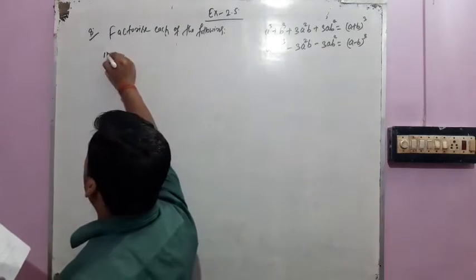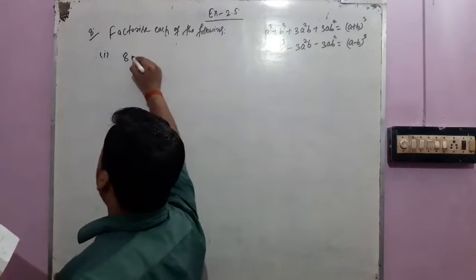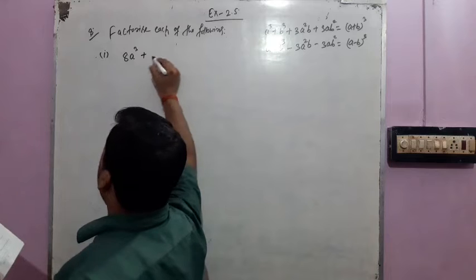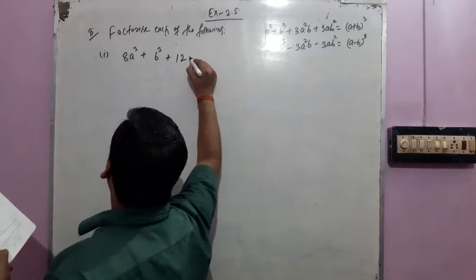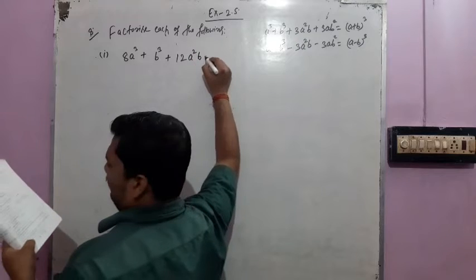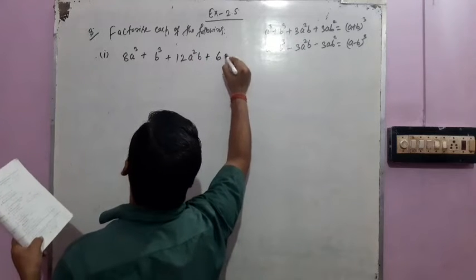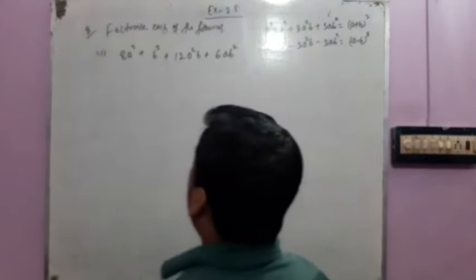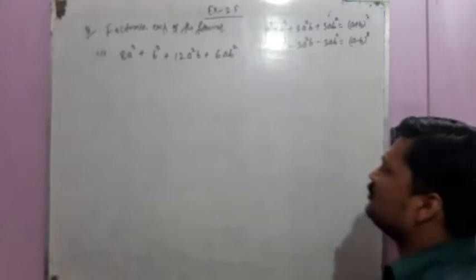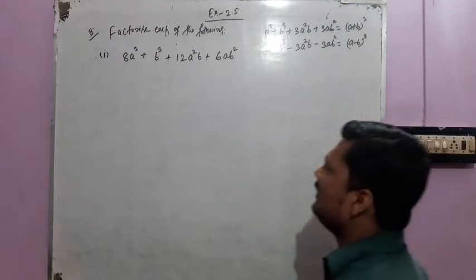Now look at the first here. The first is 8a cube plus b cube plus 12a square b plus 6ab square.